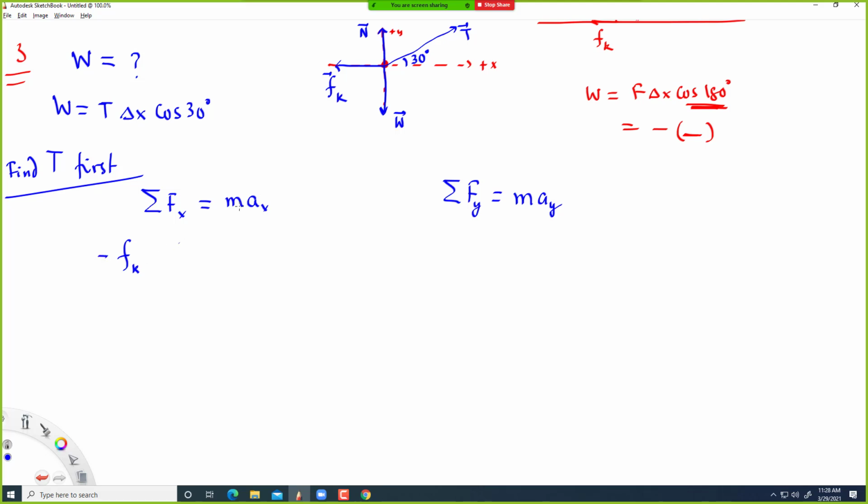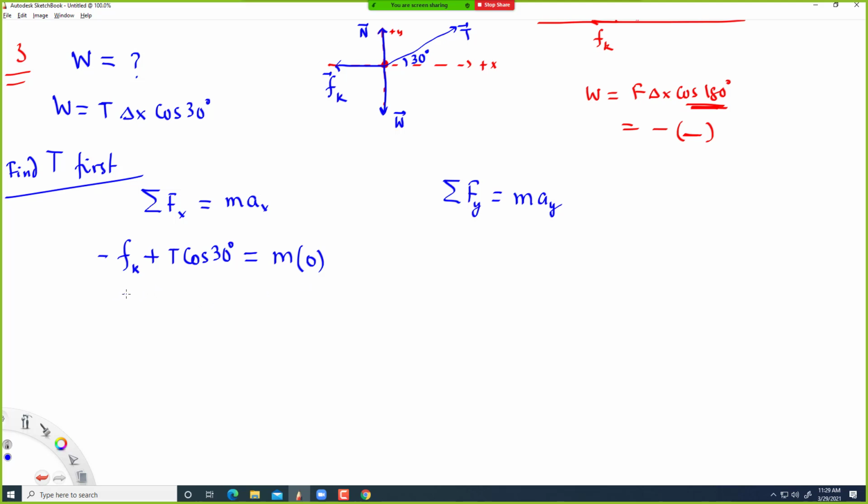And then we also have the x component of this tension. The x component of the tension is T cosine 30 degrees. That is equal to max. Do we have any acceleration? If you read the question, it says the crate moves at constant velocity. So acceleration is 0 because it's constant velocity.